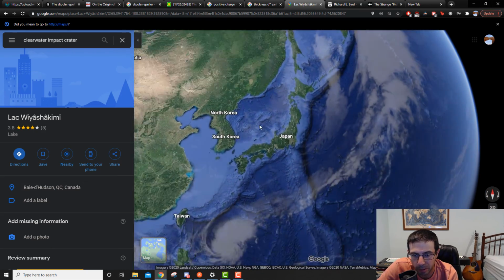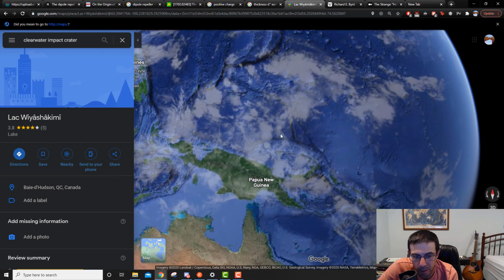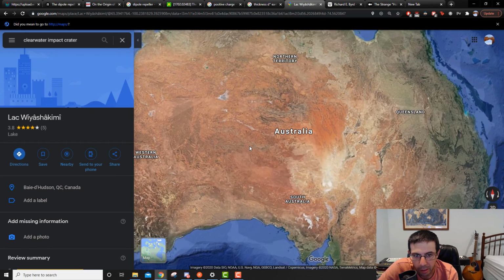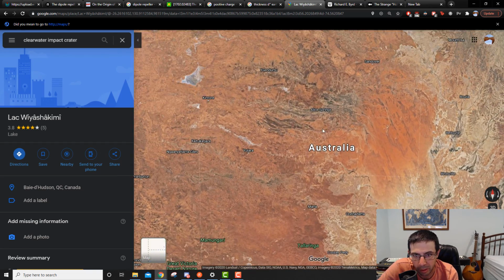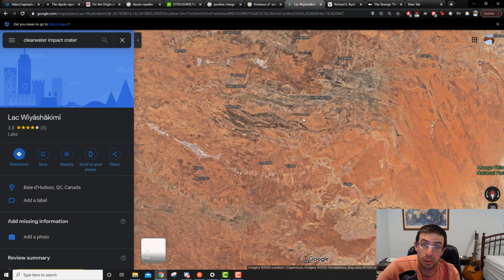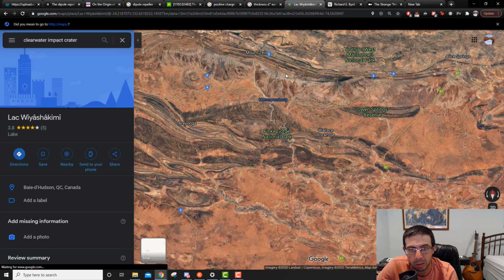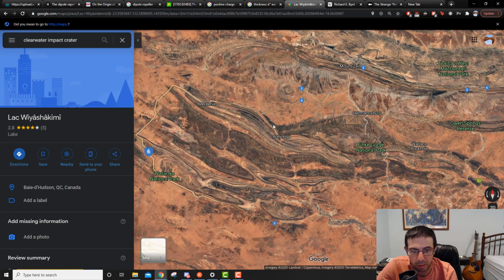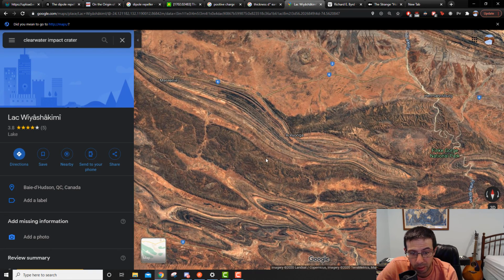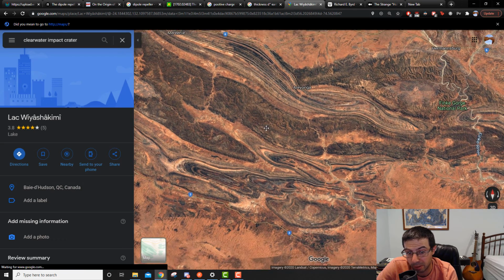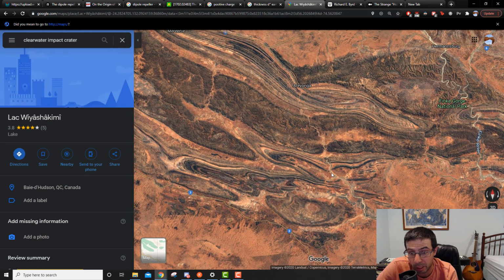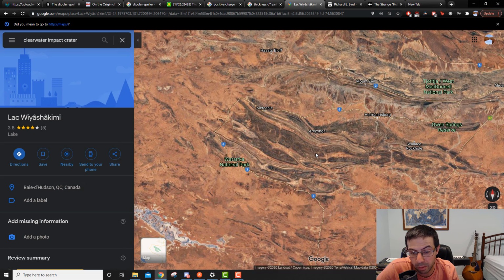Australia has similar things going on, like places that are considered craters. I looked all over. I started looking at craters. There's craters in places like in Australia, like right here. I'm just looking at a region of Australia that's clearly formed by lava flows, a lot of lava flows.